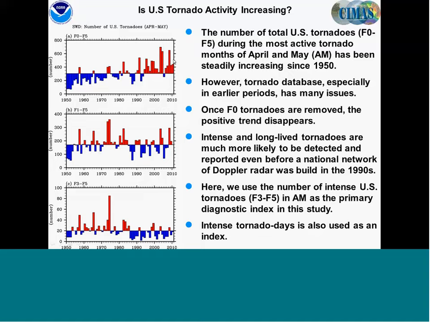However, we have to be very careful with this tornado database because it has many problems, especially in the earlier period before 1990. If you actually remove the F0 tornadoes from this database, F0 meaning very weak tornadoes, this positive trend actually disappears, as you can see in the middle panel.